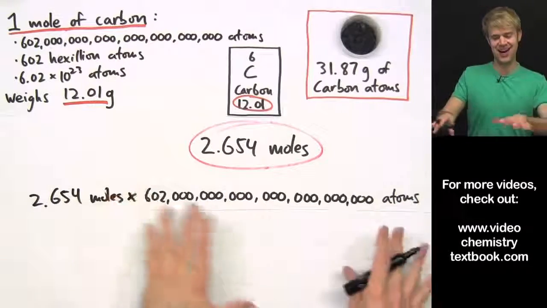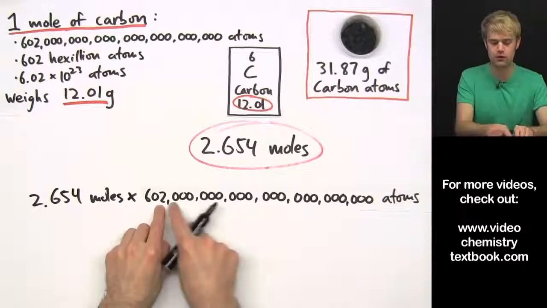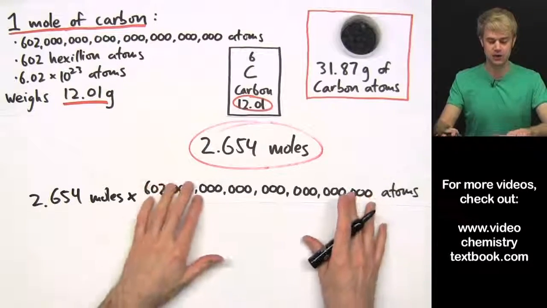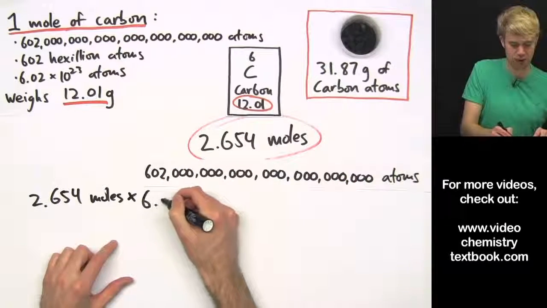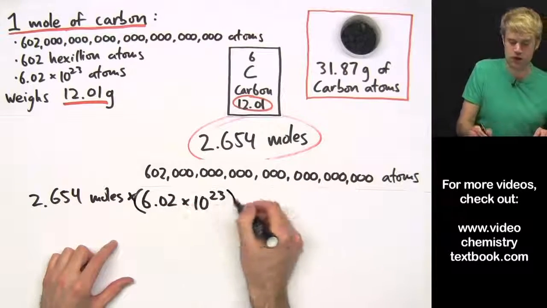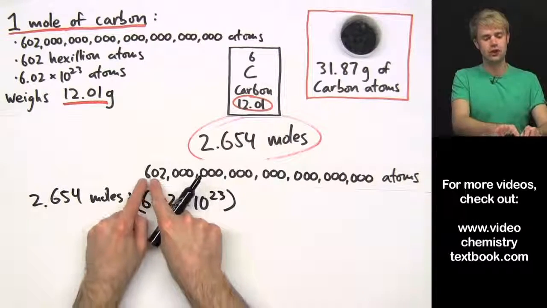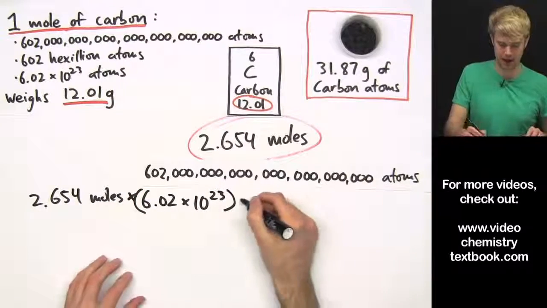Now, this is kind of a pain because I got all these zeros, so I'm going to rewrite this using the shortened version in scientific notation. Let me just move this up, and instead I'm going to multiply this by 6.02 times 10 to the 23rd, which is usually the version of 602 hexillion that we want to use when we're doing math.